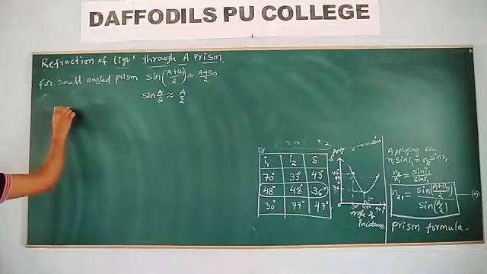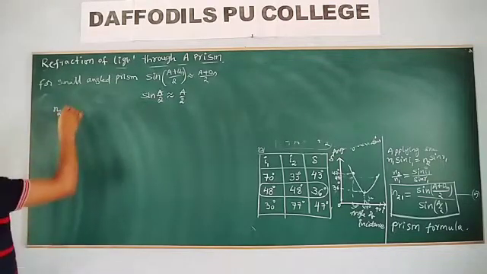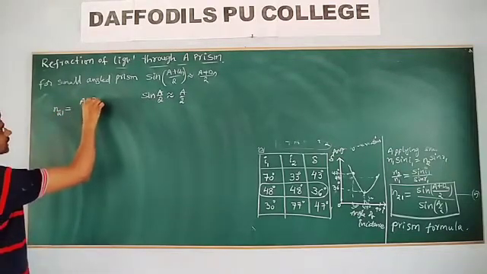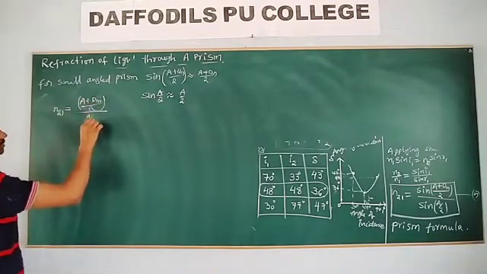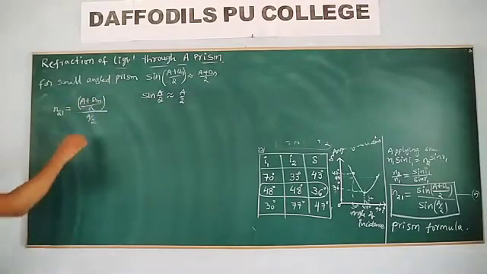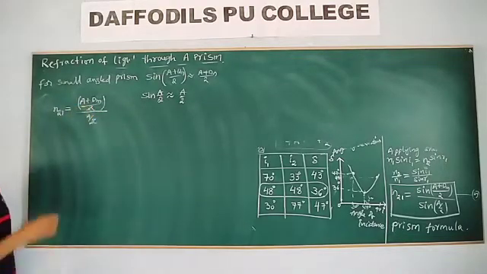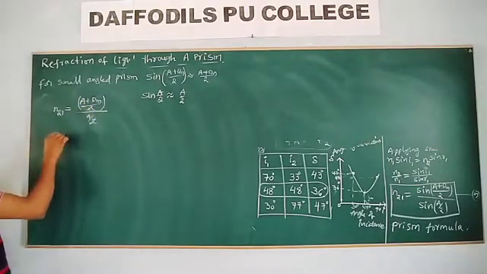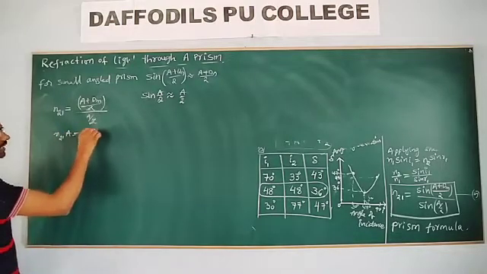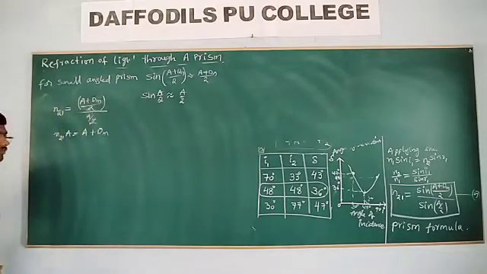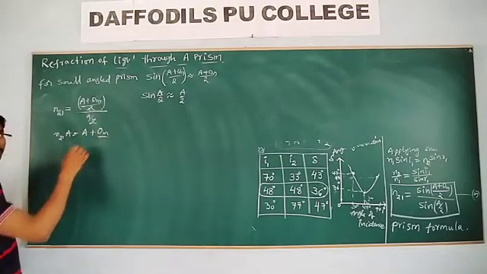n21 is equal to (A plus dm) by 2 divided by A by 2. The 2 cancels, and bring this A to this side. n21 into A is equal to A plus dm. Now we need dm, the minimum deviation.